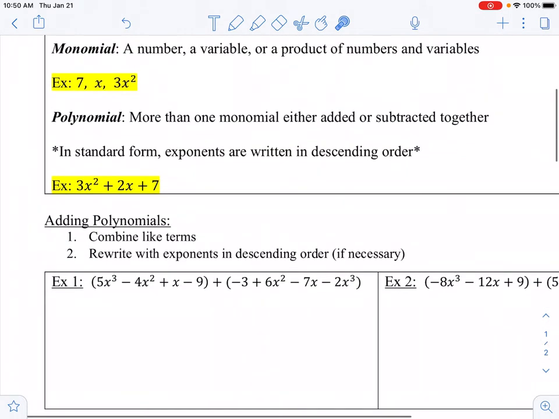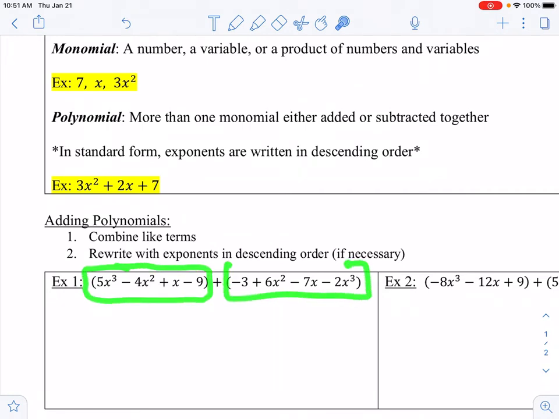So when we're adding polynomials, we are going to combine like terms, and that's what we've been practicing. So we're just going to look for everything that's a like term, and there are lots of different strategies you can use for this. But here's kind of what we're looking for first.